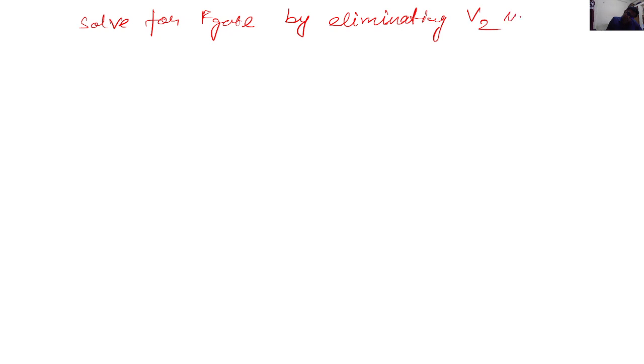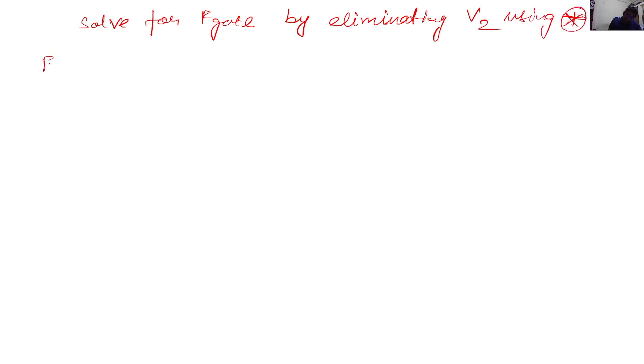So we just need to solve for F gate by eliminating V2 from the expression using equation star.